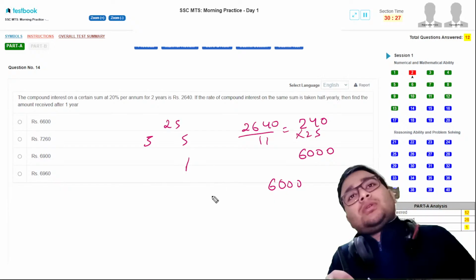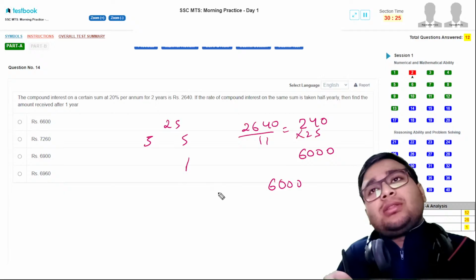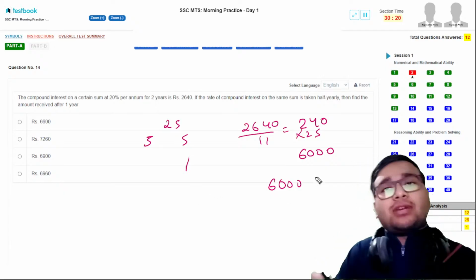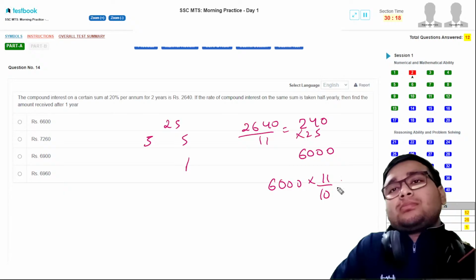The rate of compound interest on the same sum is taken half yearly. Then find the amount received after 1 year. Okay, 1 year. I did not read this.